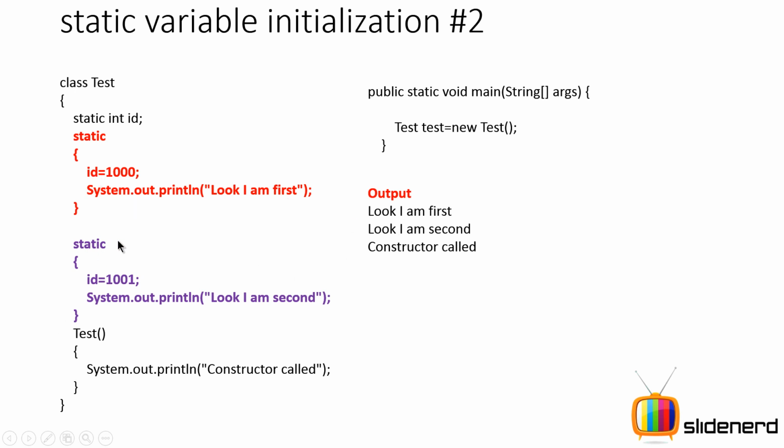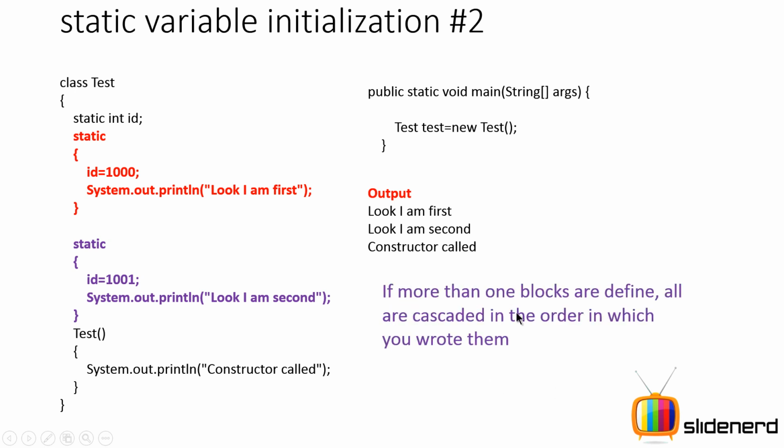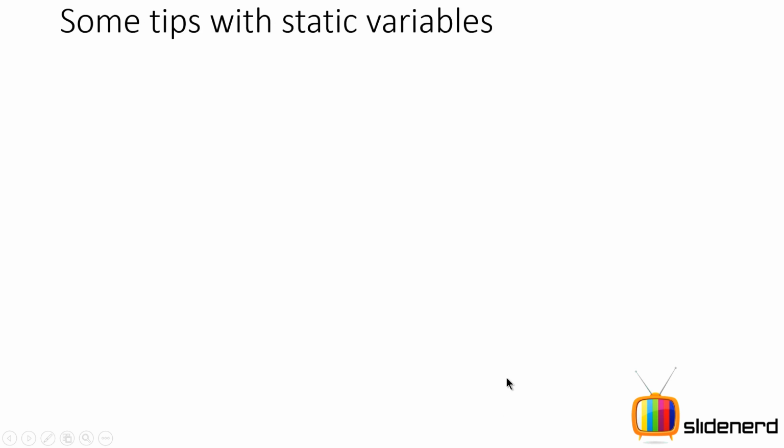Then the second static block will run where id is 1001, it's going to say, look, I'm second, and after that your constructor test gets executed, within which your println statement is called, saying constructor called over here. Again, we'll be demonstrating this in NetBeans in the next video. So if more than one block is defined, then all the blocks are cascaded in the order in which you wrote them. So that's the simple explanation that we have for this statement here.